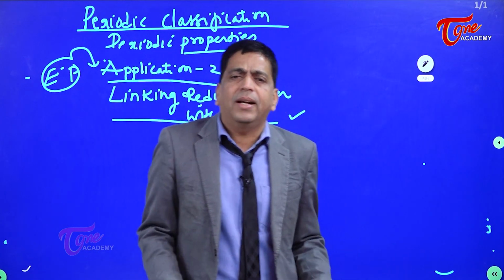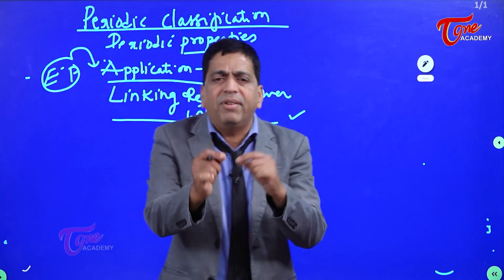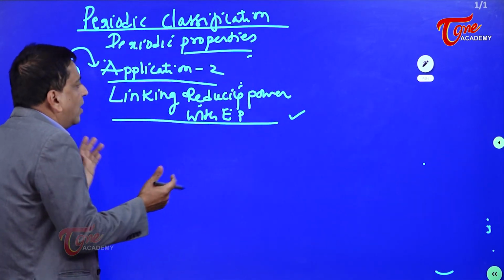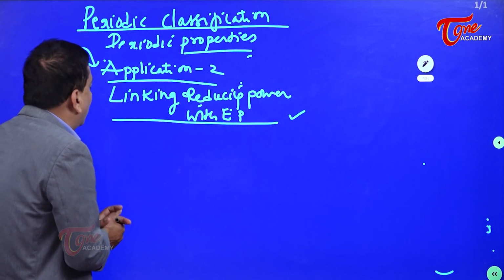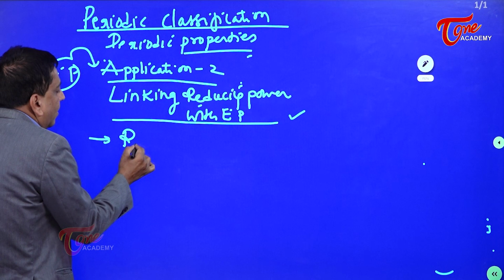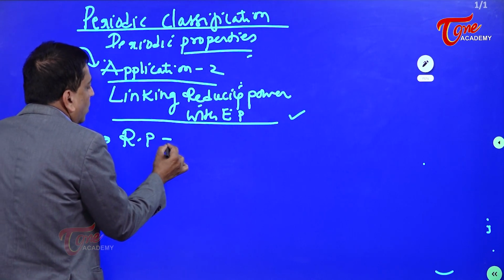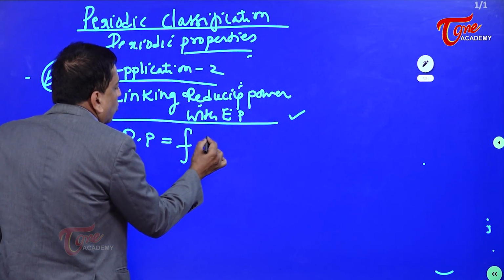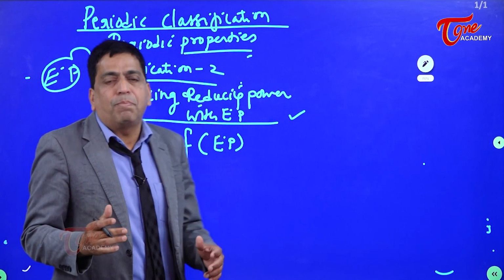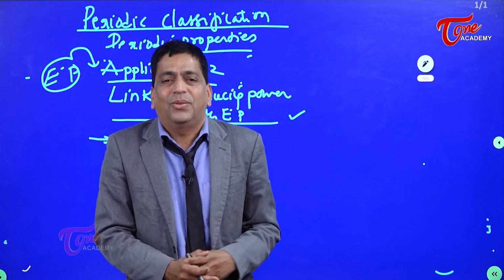At the same time, there are theoretical ones, but there are some caveats also which are asked in exam. First of all, what is reducing power? Reducing power is a function of electropositivity. Electropositivity is the power to vomit electrons. Now, what is reduction?